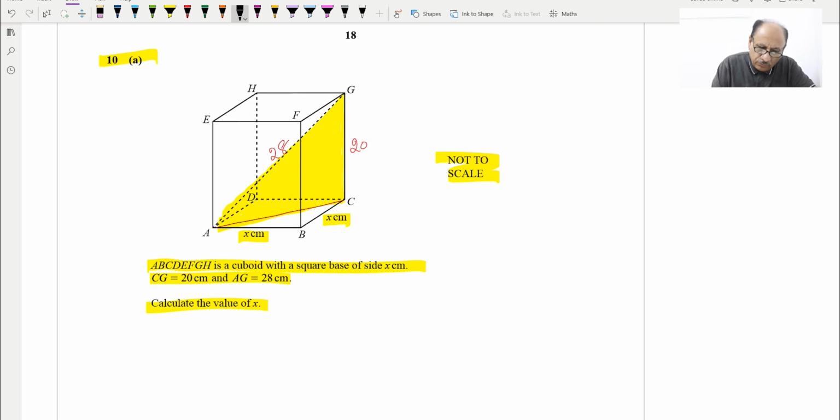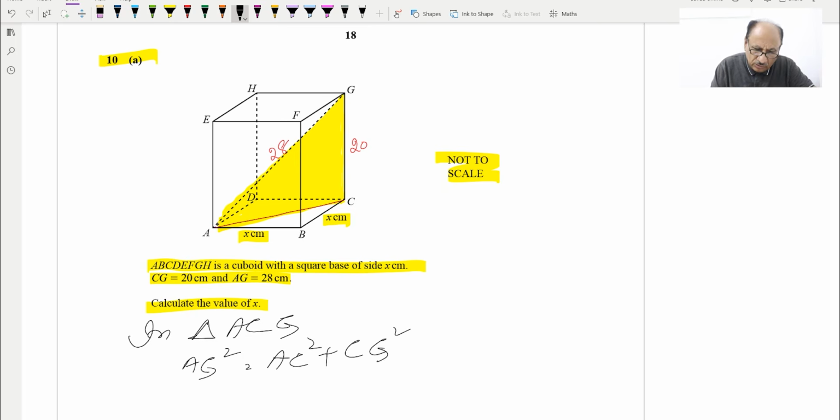So we can apply Pythagoras theorem in triangle ACG. AG square is equal to AC square plus CG square. AG is 28, so 28 square is equal to AC square, which we need to find, plus CG square, which is 20 square.